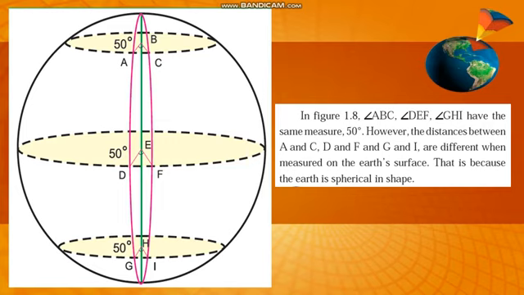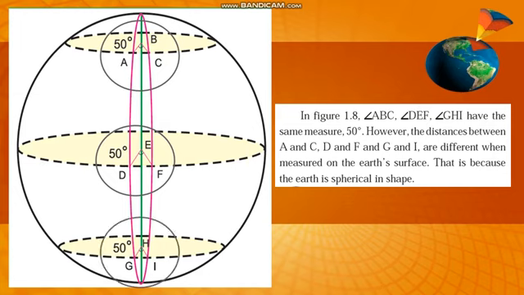So students, as you can see here in figure 1.8, there are a total of 3 ellipses of 3 latitudes. Angle ABC is 50 degrees, angle DEF is 50 degrees and angle GHI is 50 degrees.